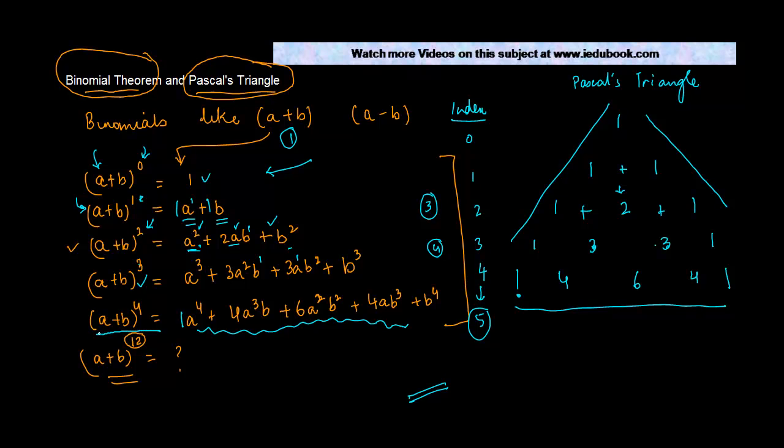But the problem, as I said, is that if you have a plus b to the power 12, if you start expanding it, this will take you a long time. So is there some easier way of doing this? How can we find out what a plus b to the power 12 is?